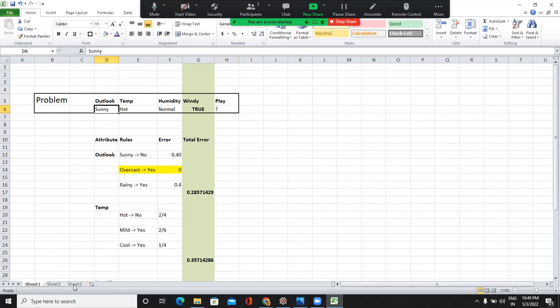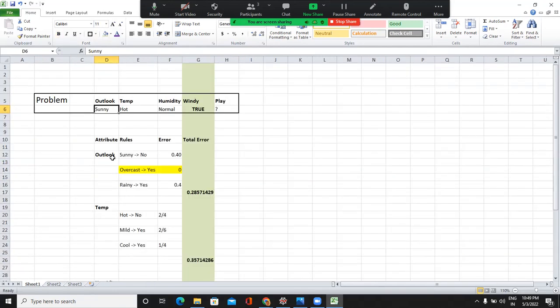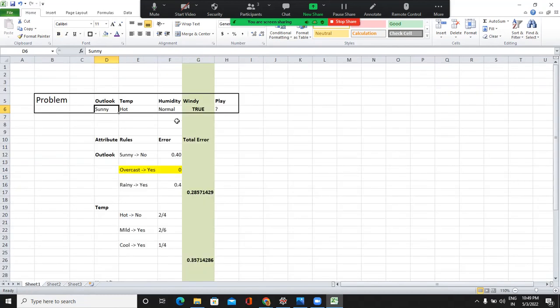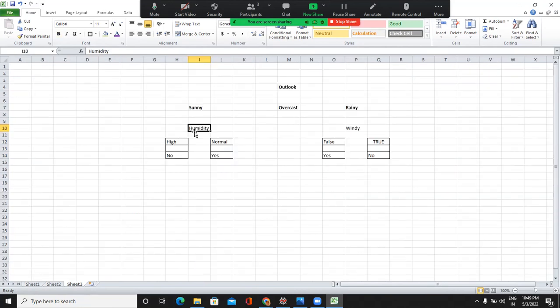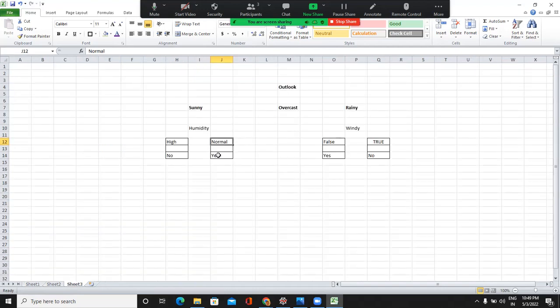So outlook sunny, so it will come to this branch. Temperature is hot. There is no temperature node, so we will skip that. Humidity is normal, so we come here. Then windy, we again do not have. So our answer will be yes.